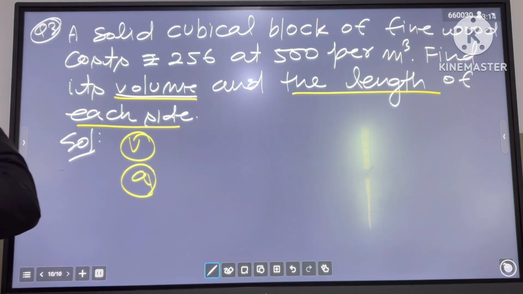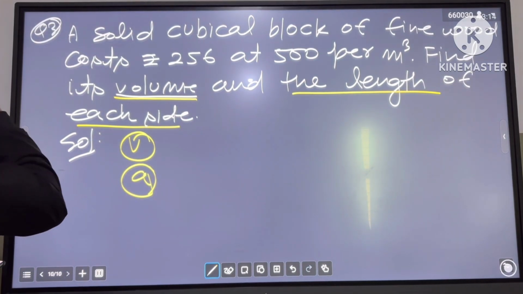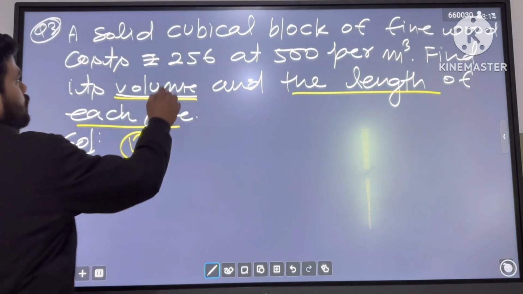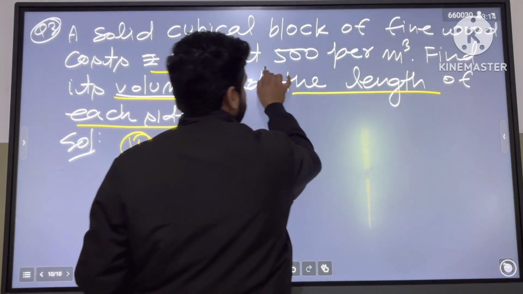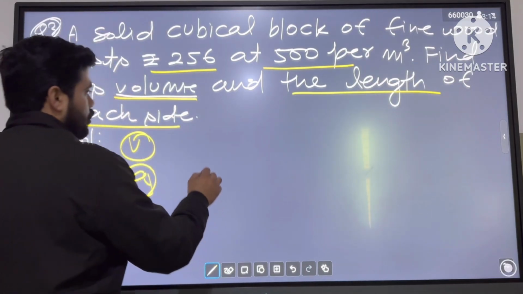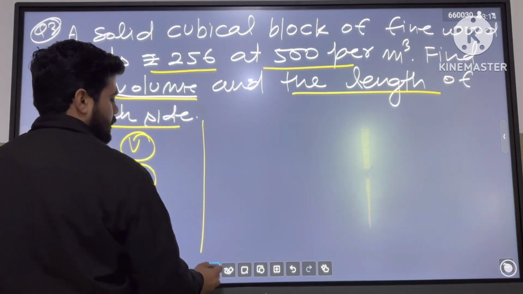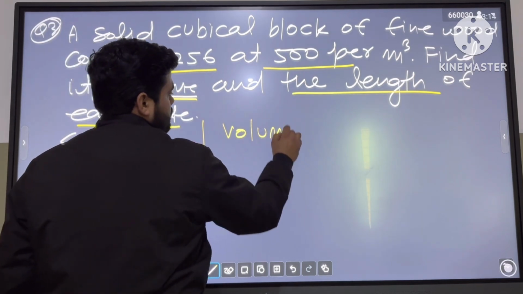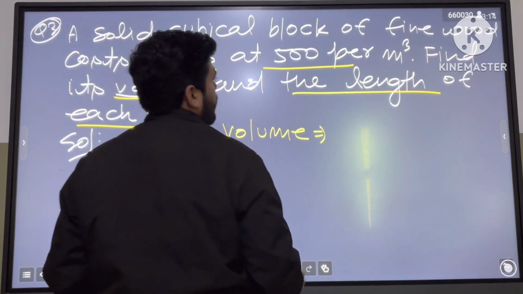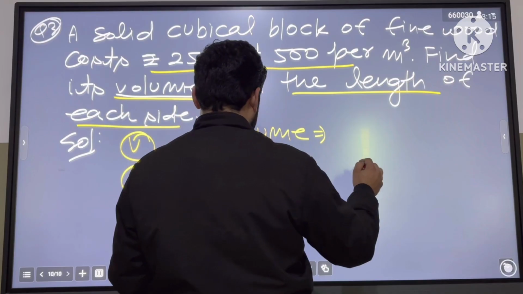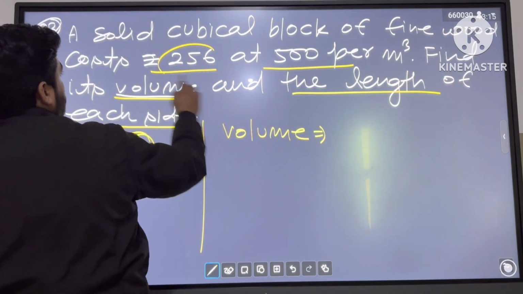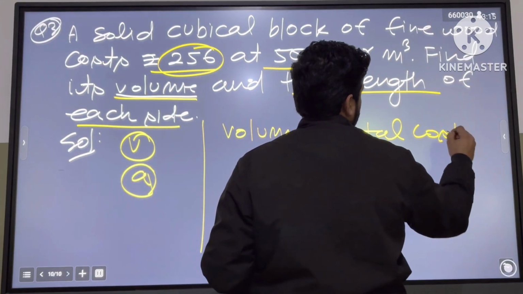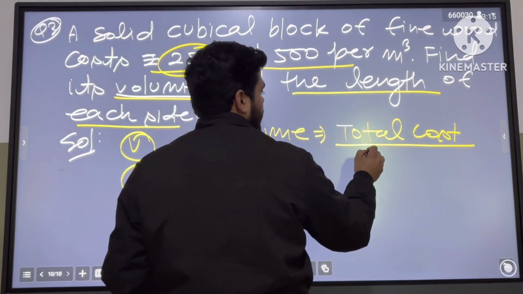So we are given a solid of fine wood costing 256 at 500 per meter cube. So this is the cost and this is the rate. So volume is equal to total cost upon rate.